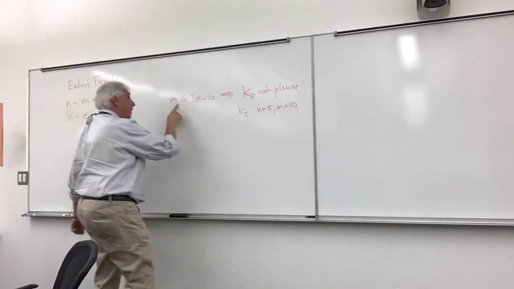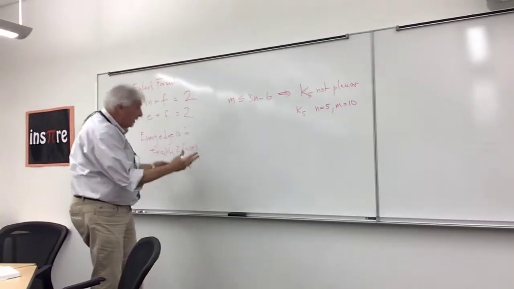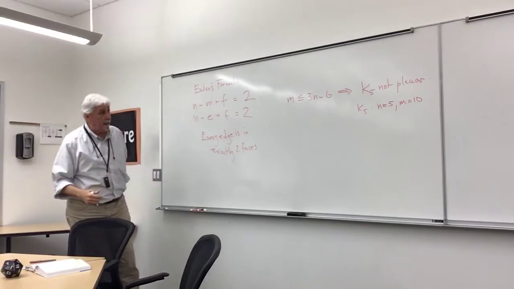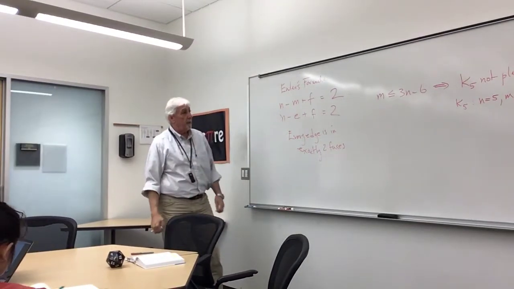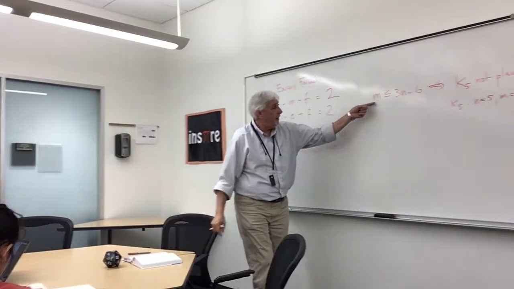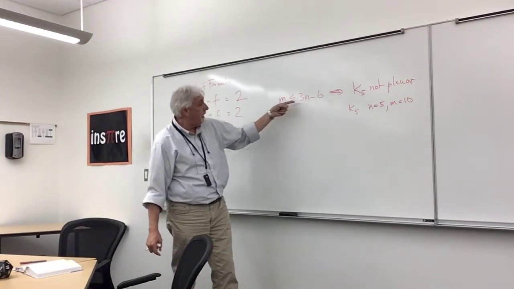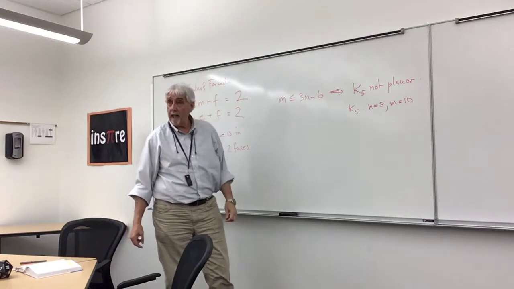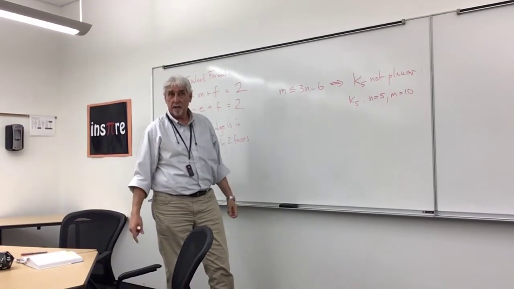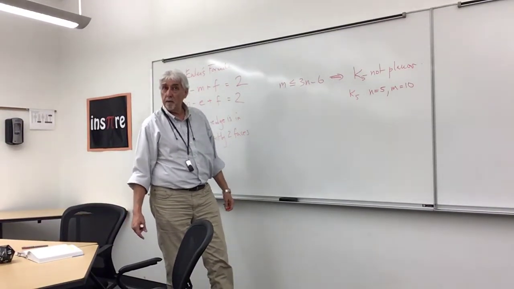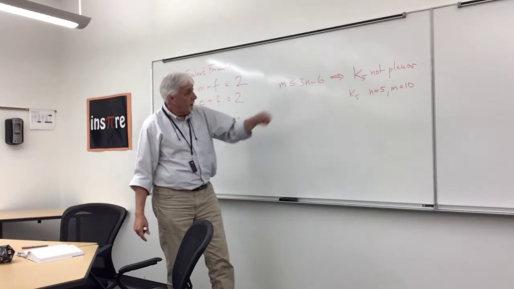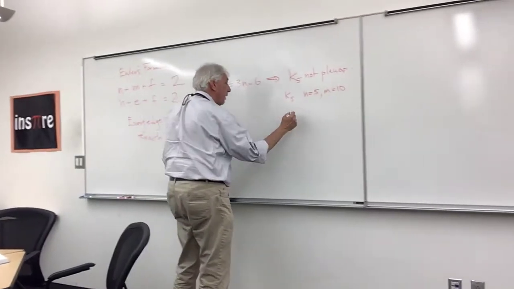If this must be true, m is less than or equal to 3n minus 6, then m, 10, would have to be less than or equal to 15 minus 6. 10 would have to be less than or equal to 9, which we know is not true. So that showed that K5 was not planar.